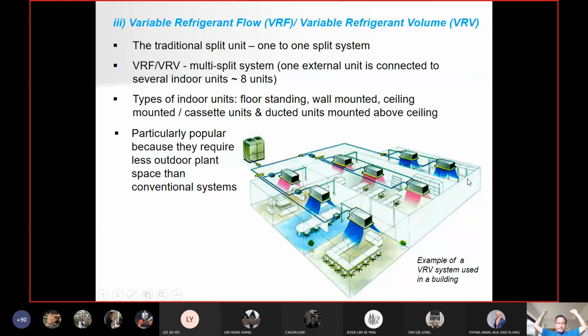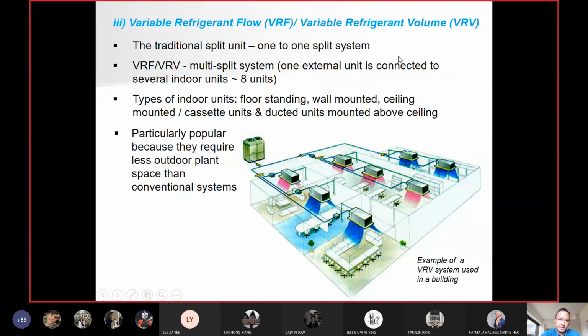Okay, and then the last one is variable refrigerant flow, VRF, or variable refrigerant volume, VRV. I think probably some of you have heard this term VRV, right? It stands for variable refrigerant volume. This is a more sophisticated type of split unit compared to the traditional split unit.